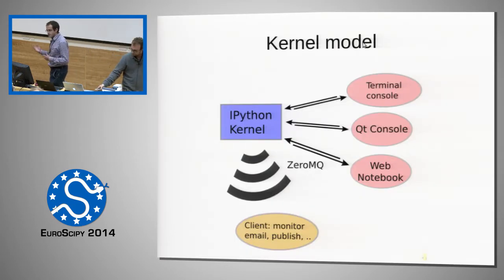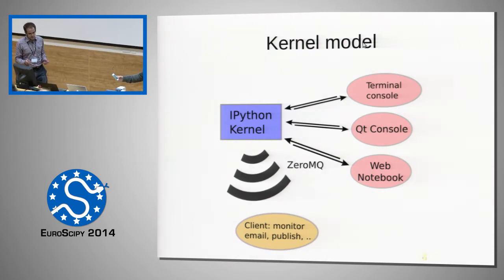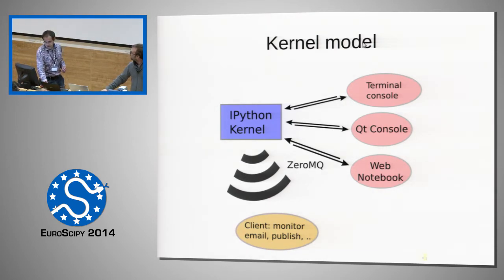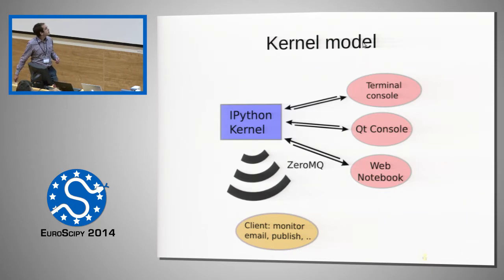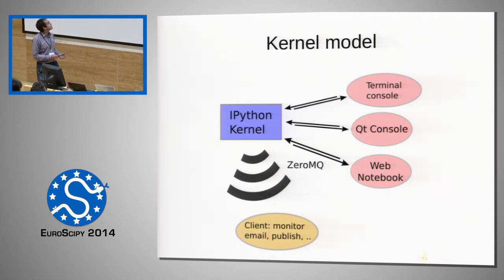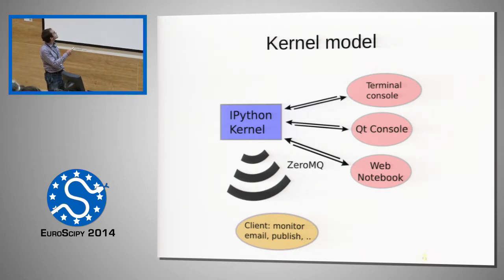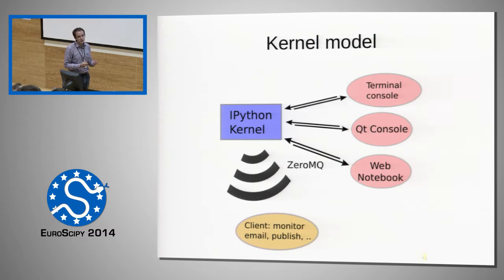So going into more detail about the kernel side of things, this is a rough schematic of the communication pattern. You can have several front ends connected to a single kernel, and they have two-way network communications.